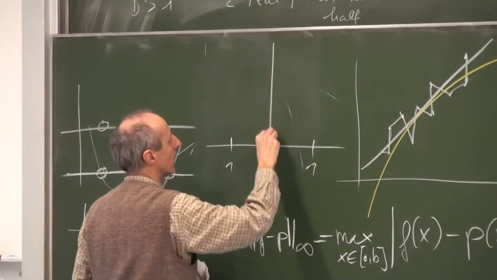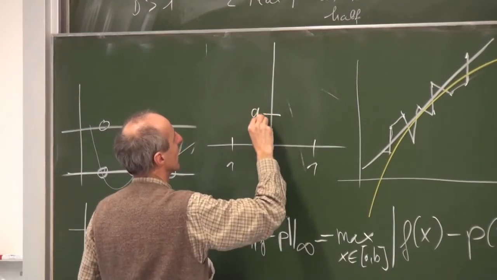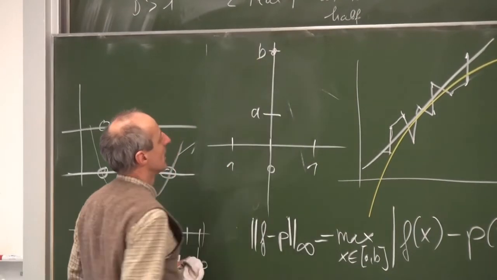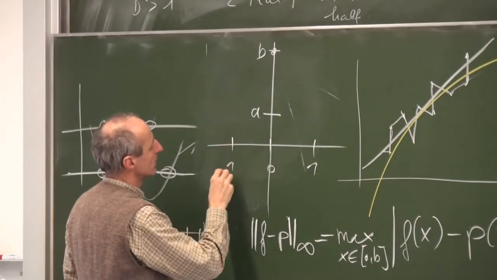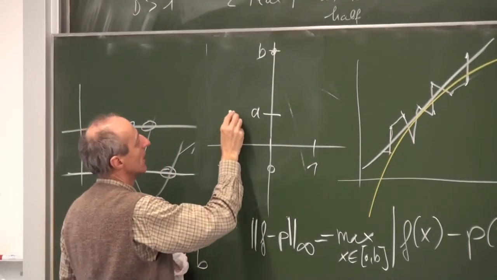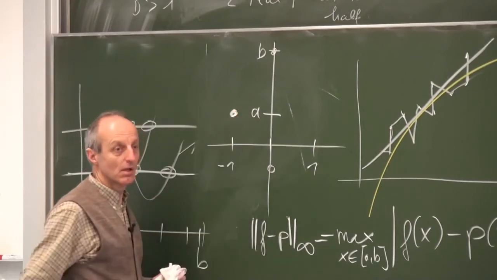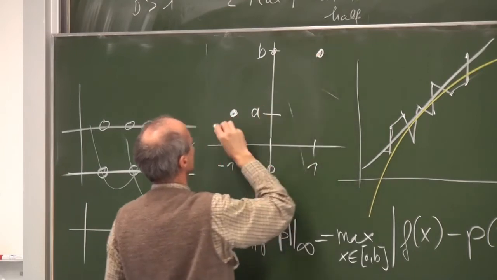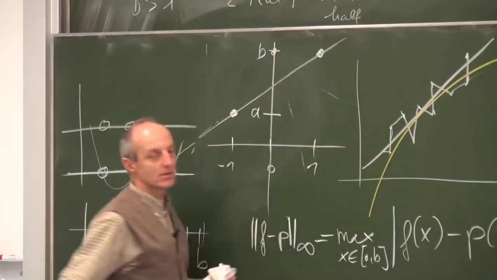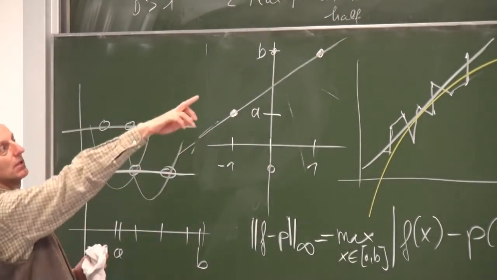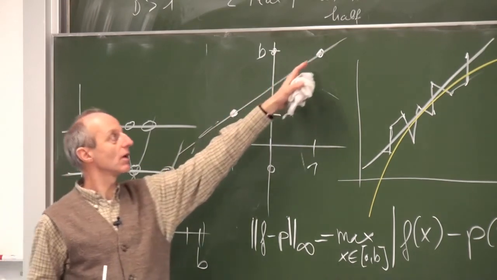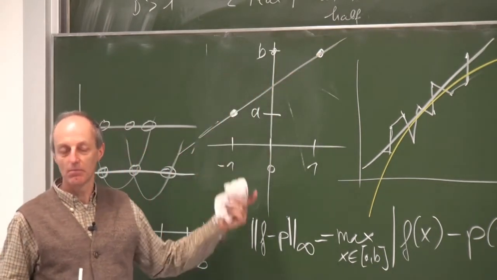Now take the y-axis, and here we have A, and here we have B. And that means we want to map -1 onto A, which gives us this point, and 1 onto B, which gives us this point. And this straight line here is the formula over there. And you all know how to fit a straight line through 2 points. That's it.